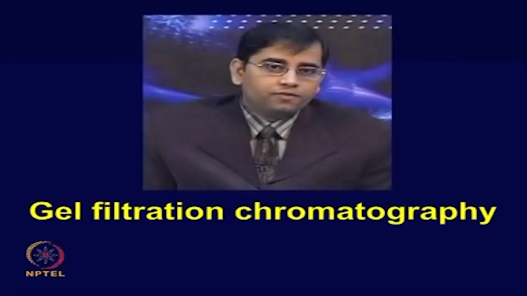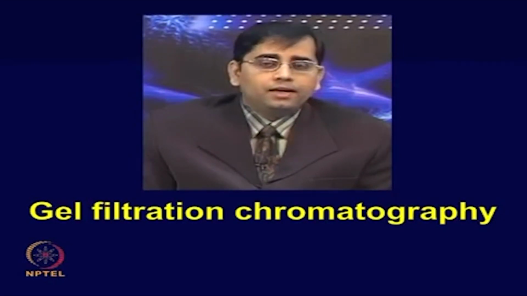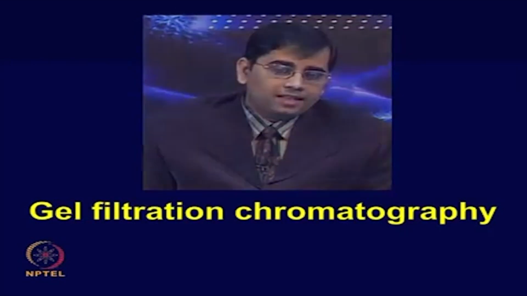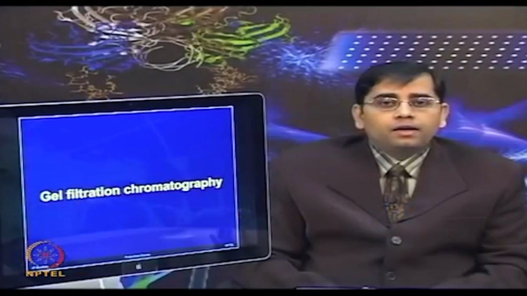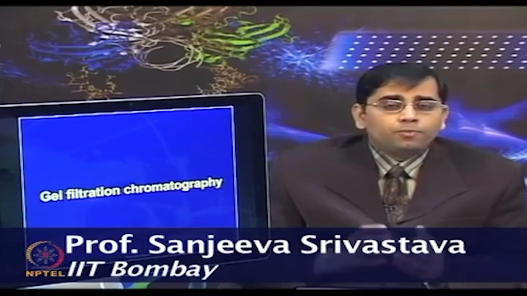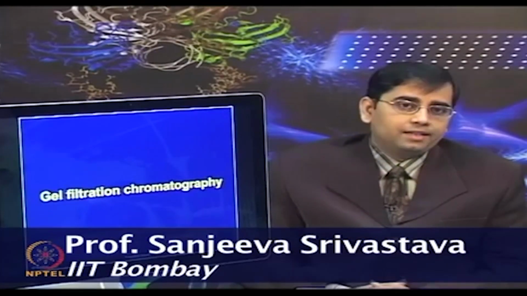gel filtration chromatography. Gel filtration chromatography separates proteins on the basis of difference in size. It is used to separate a protein of interest from protein mixtures that are larger or smaller in size.